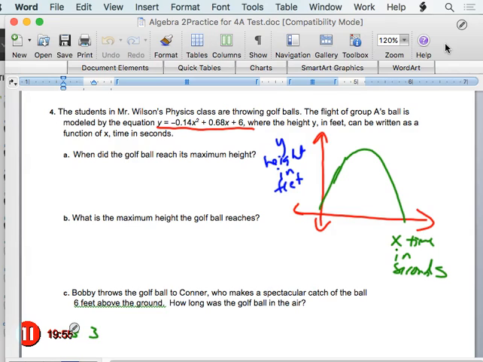So the question for A is, when did the golf ball reach its maximum height? So now, here's where we find out we have choices.